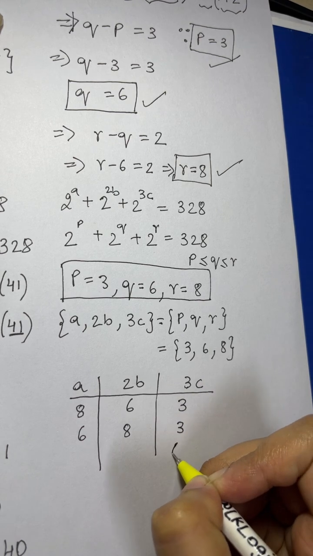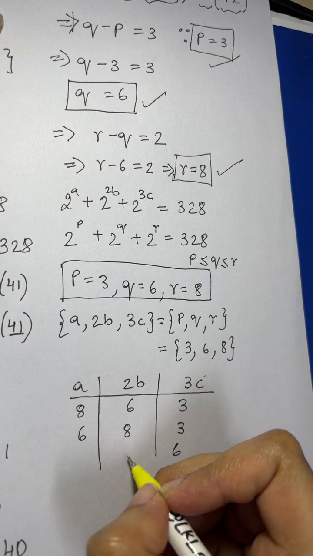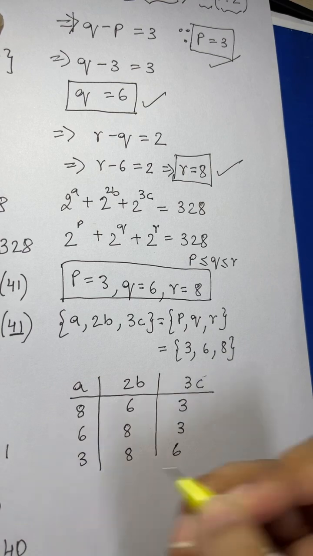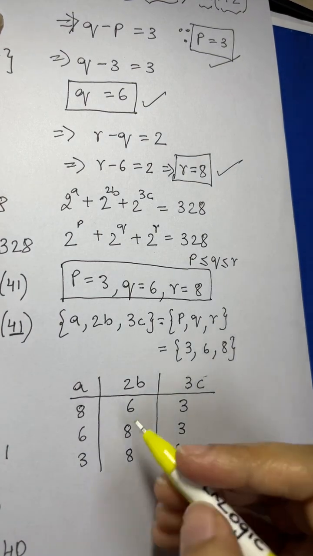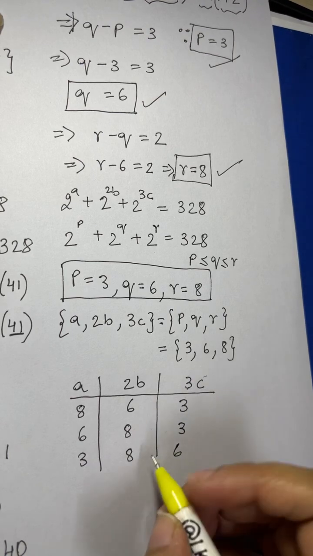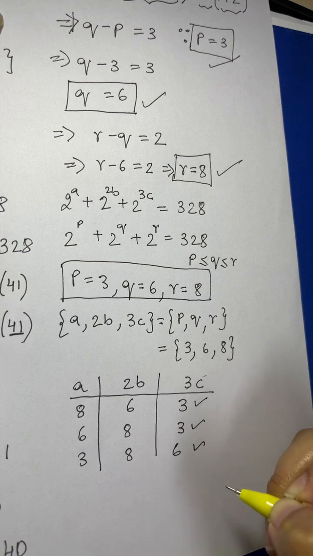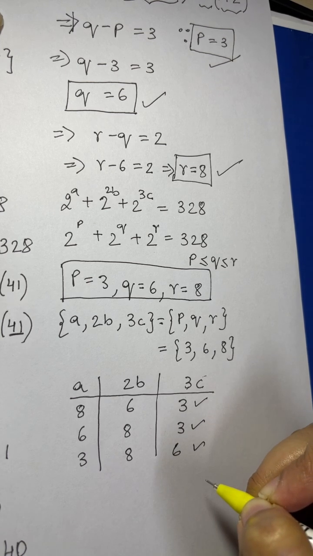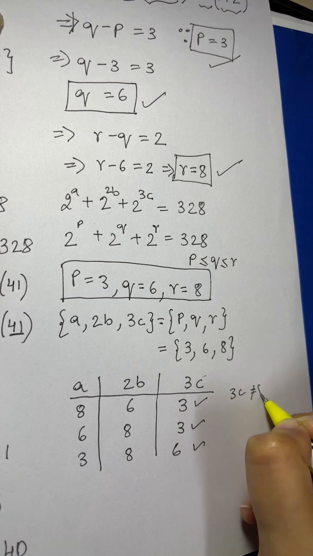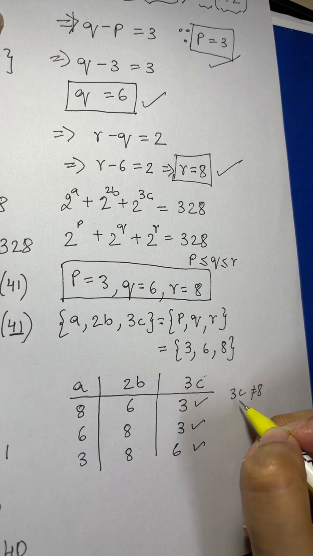Then 2b can be 8 and a can be 3. But 3c cannot take the value of 8 because it's not a multiple of 3. So we can have only 3 ordered pairs, since a, b, c are natural numbers.